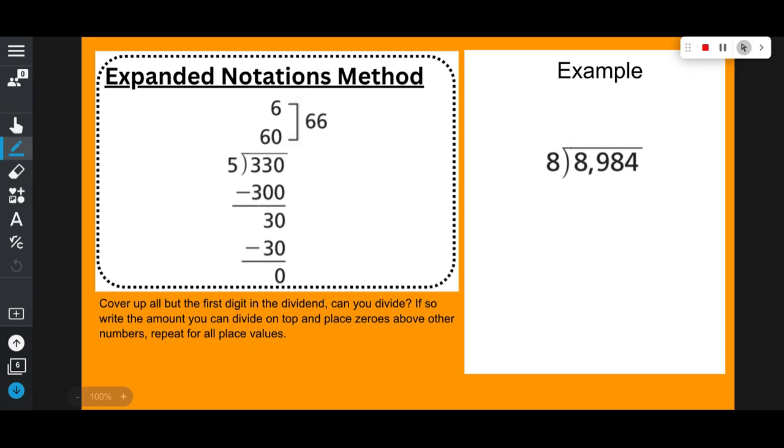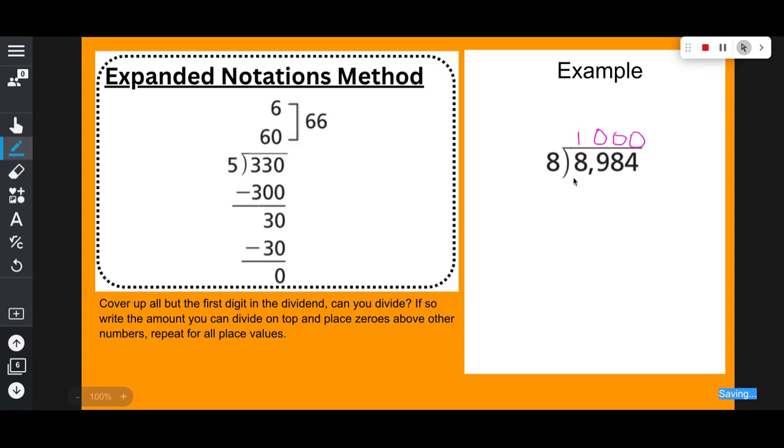In expanded notation, we're going to cover up all the digits and only look at one at a time. So we're going to start with this 8 in the dividend. Can the divisor 8 go into that 8? And the answer is yes. It goes in one time. So I'm then going to put zeros above these other digits.